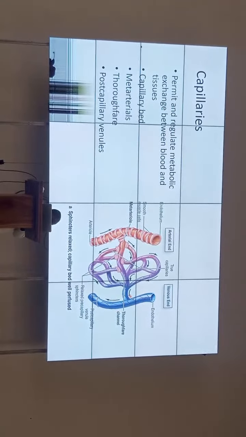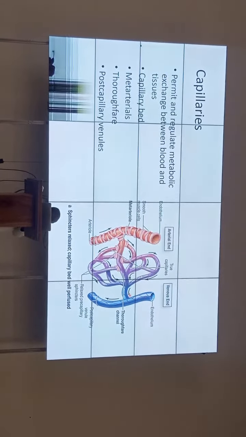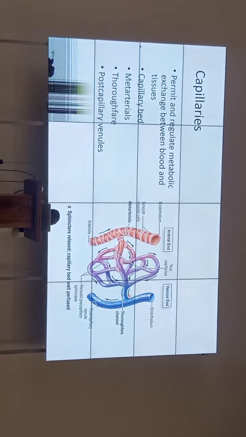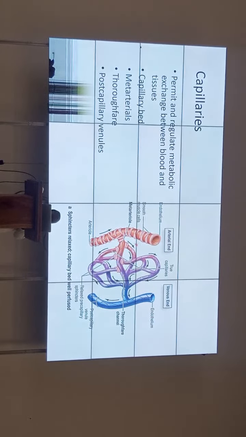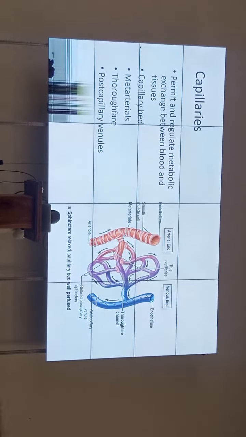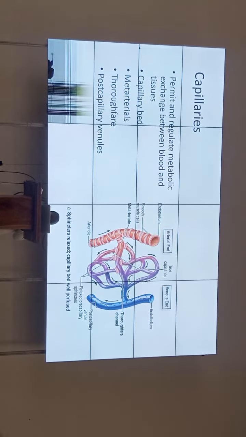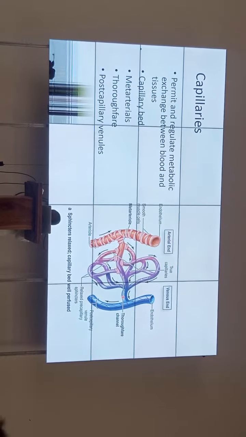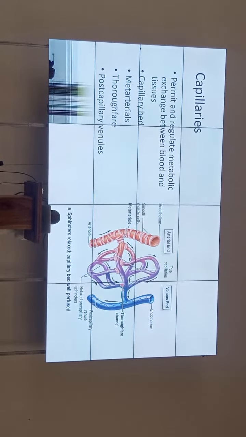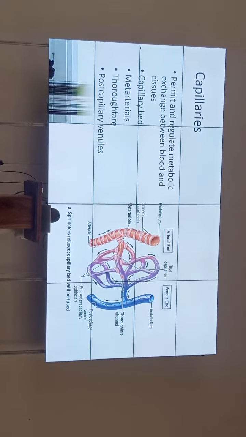Is that clear? There are certain instances and certain sites in the body where these can be closed for a while so that blood can just flow directly from the arterioles to the venules. We are going to call this shunting. Is that clear?